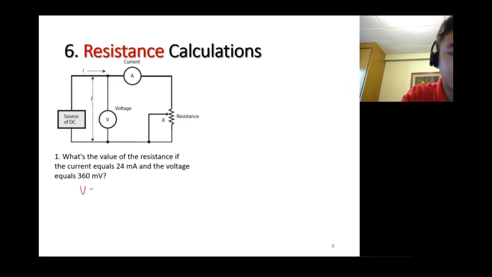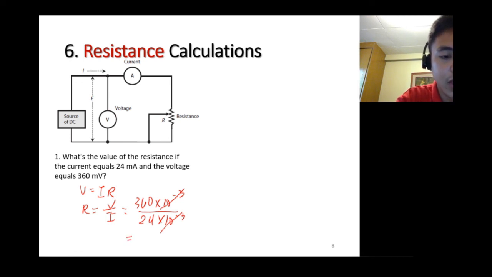From the formula V equals IR, we have R equals V over I. Sometimes you get confused with these two and interchange them, so I hope you don't. You just simply memorize the VIR. So then you have 360, and take note of the unit, times 10 to the negative 3, over 24 times 10 to the negative 3. You can cancel these out, and then you have 360 divided by 24.